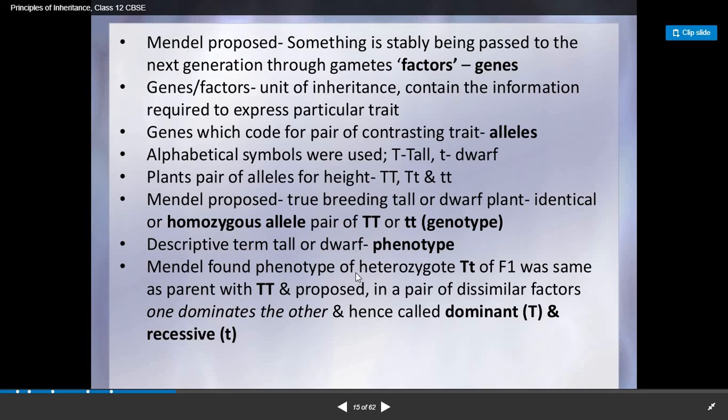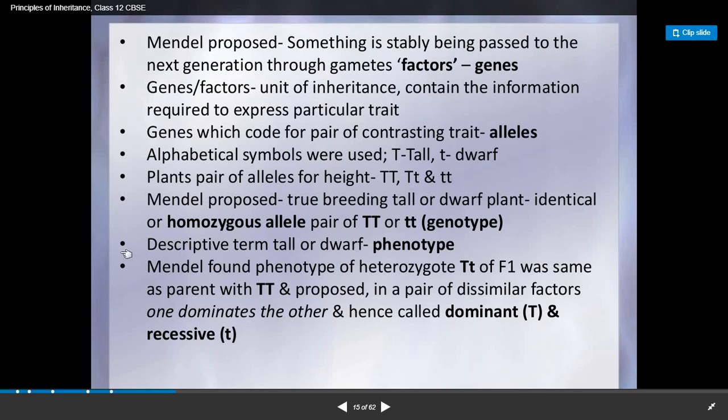So Mendel found the phenotype of the heterozygote capital T small t of F1 was the same as that of the parent with capital T, and proposed that in a pair of dissimilar factors one dominates the other, hence called the dominant character, and the other recessive.